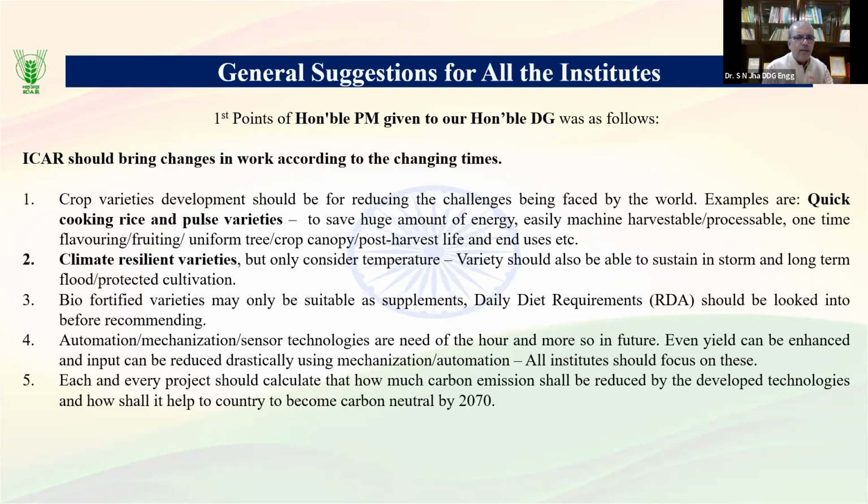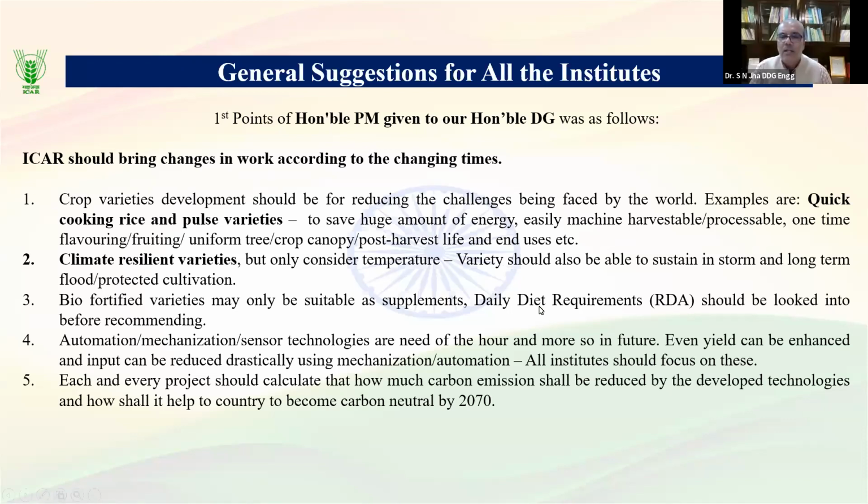So if one variety of rice is developed for quick cooking, we have one variety in Assam which hardly requires any cooking. Can ICAR make one variety which can reduce the cooking time from 20 minutes to 5 minutes? Imagine how much LPG gas will be saved in that, and the country may save a lot of foreign currency.